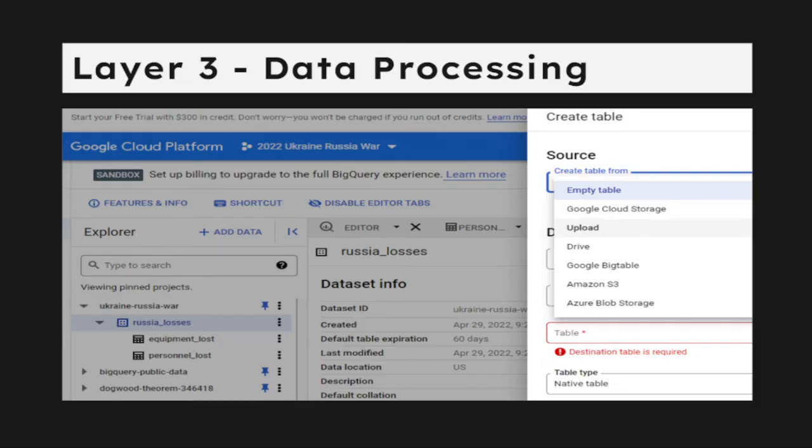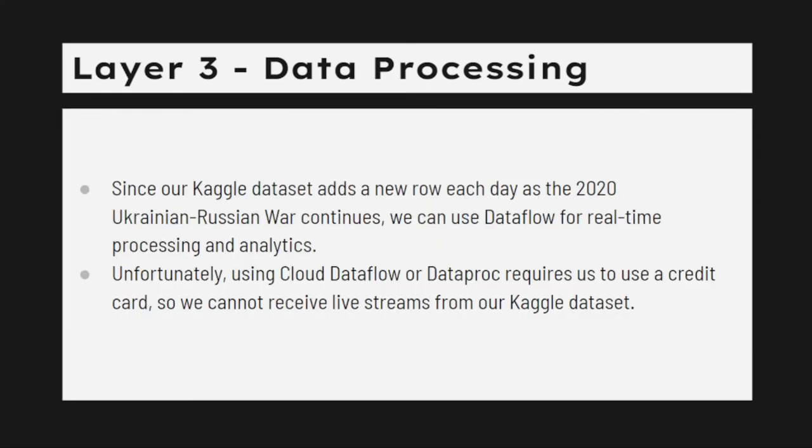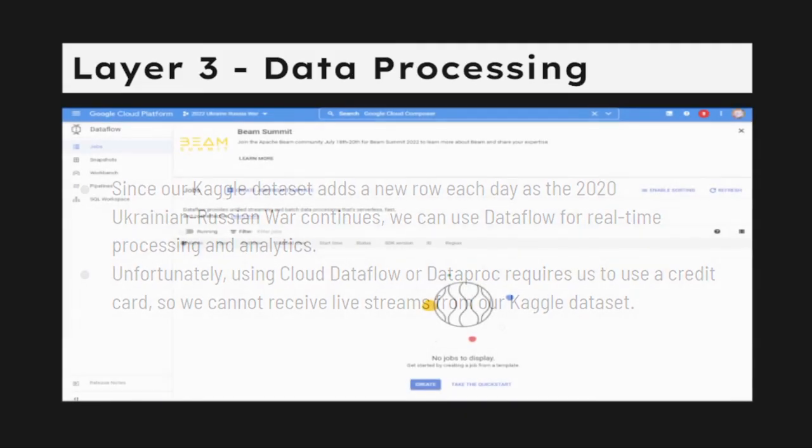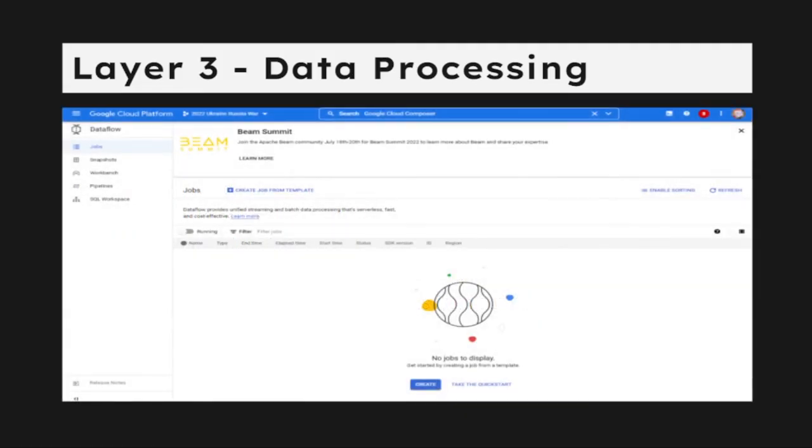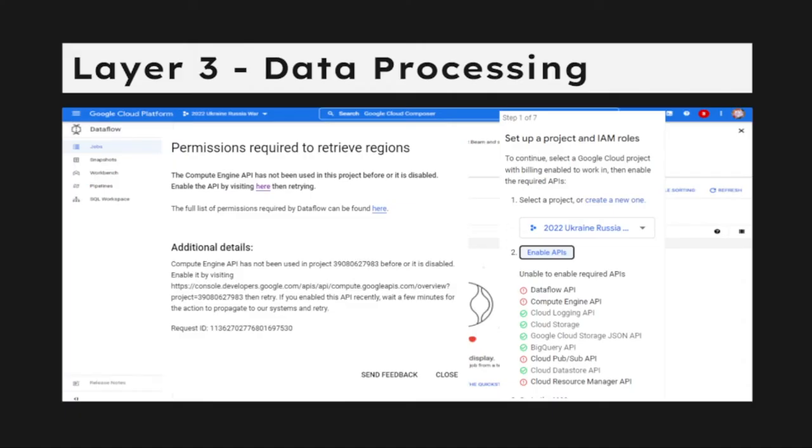And as I stated earlier, we wanted to focus on the batch data instead of both streaming and batch, because Google Cloud limits users to 20 of its services, and one of the services for real-time processing requires us to pay. So we were unfortunately unable to receive the Kaggle live stream dataset for real-time analytics.